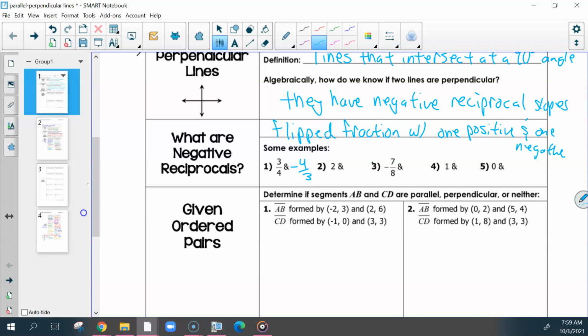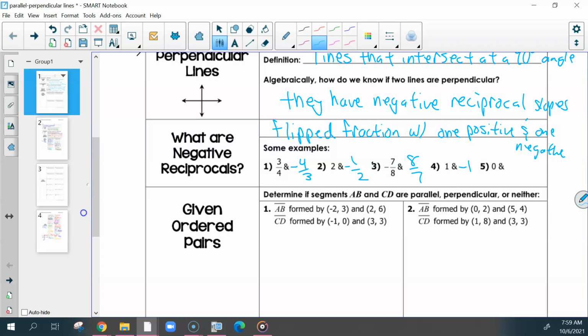It would be negative, but it wouldn't be 2. And the negative reciprocal of negative 7/8. Negative reciprocal of 1. Negative 1.